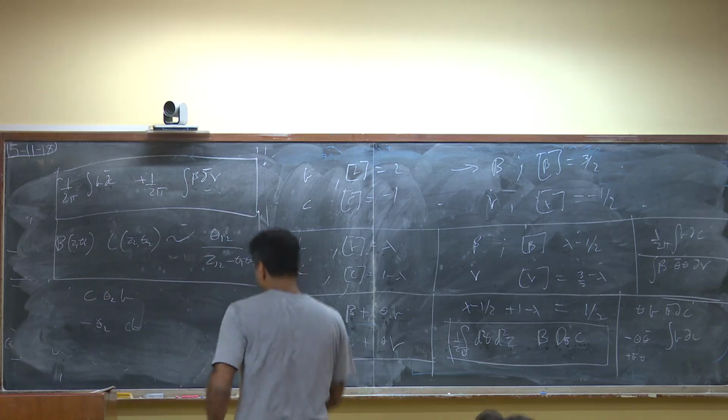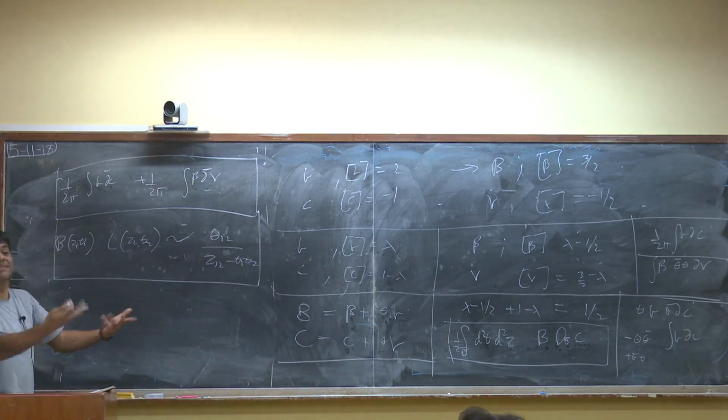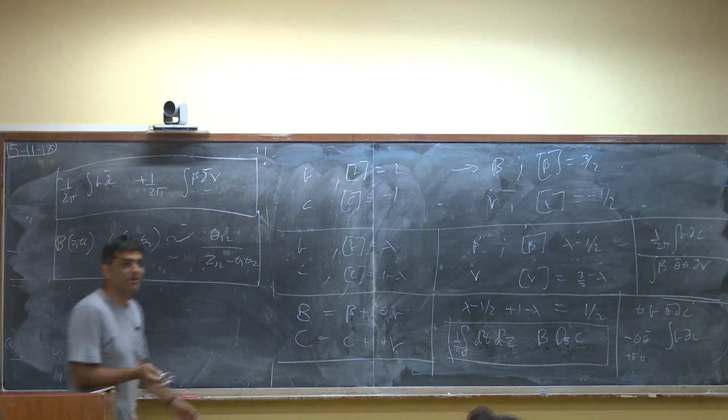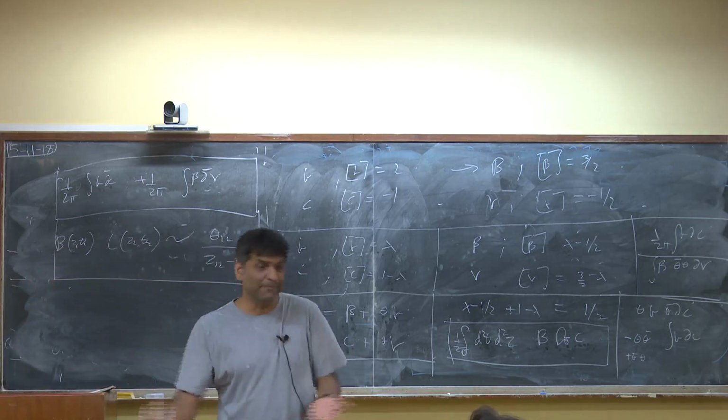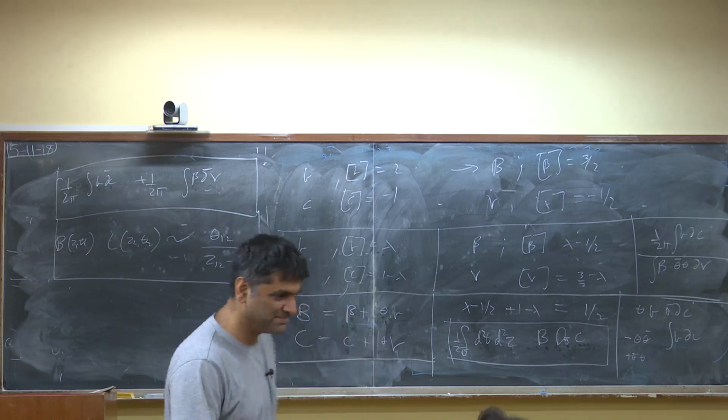Okay, so now that we've got our sanity checks working, we can now get new results. The new results are the OPEs for beta and gamma, that we didn't know, but now we can figure out.